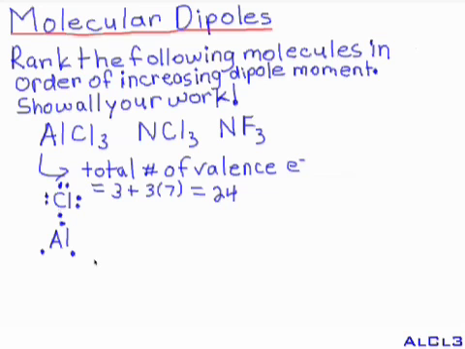The other chlorine, 1, 3, 5, 7. And the other chlorine, 1, 3, 5, and 7. And so we can line these up.